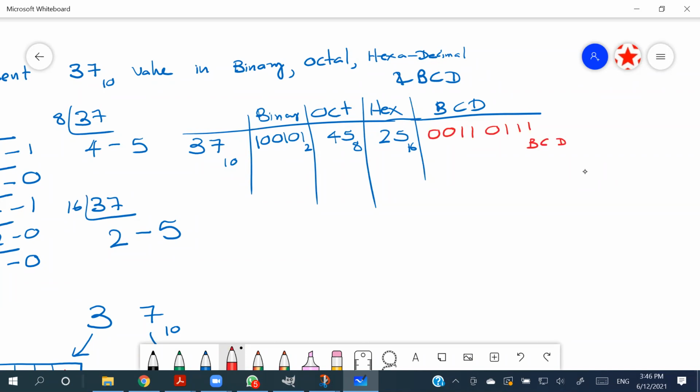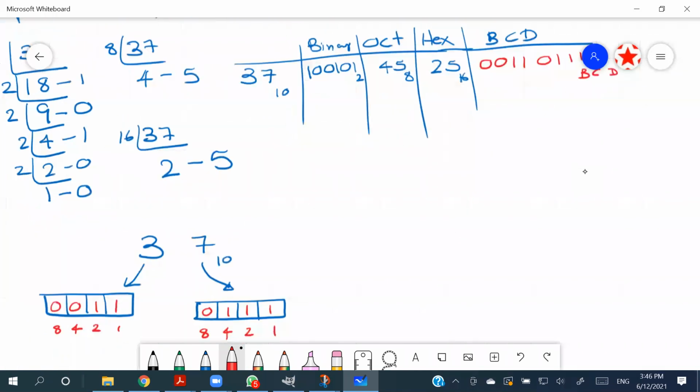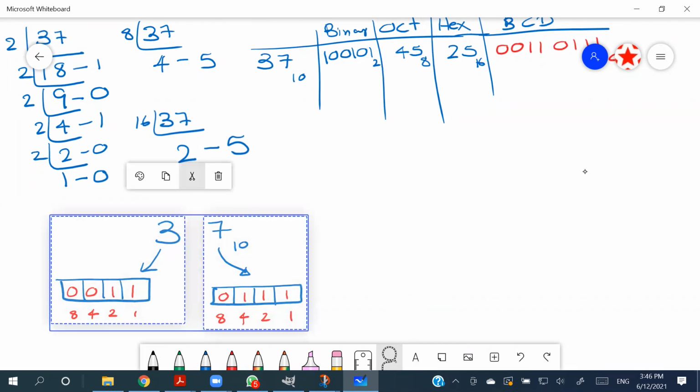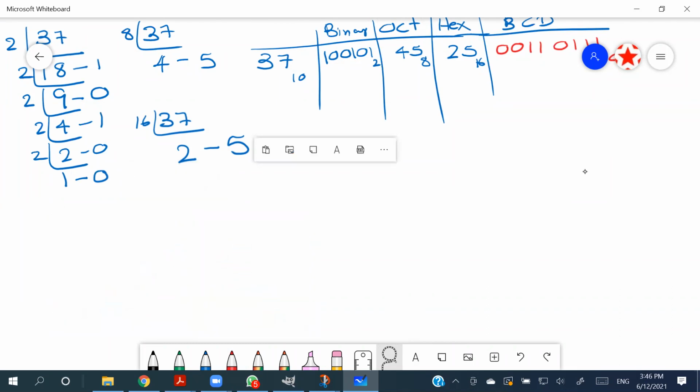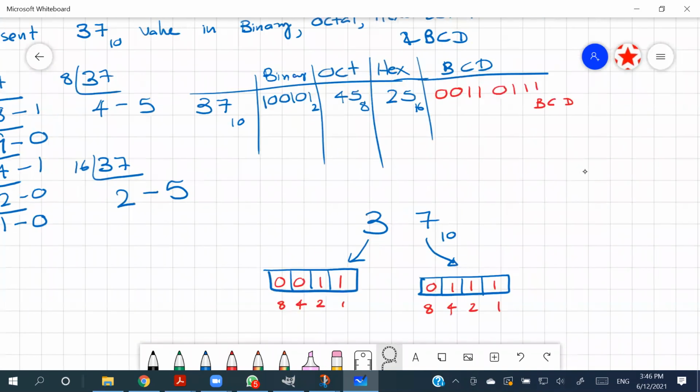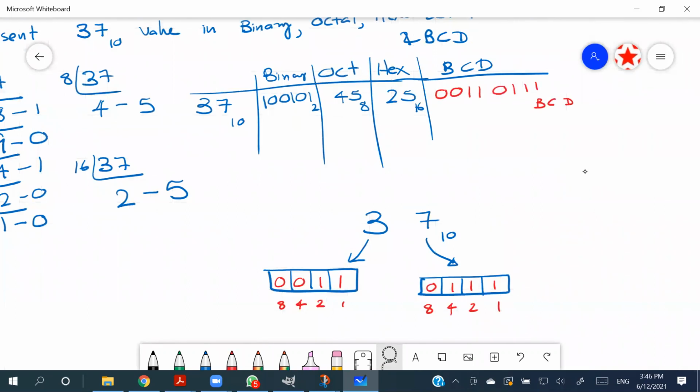So 37, it is quite different to show it in BCD. Each and every digit of the decimal value is written using a 4-bit number.